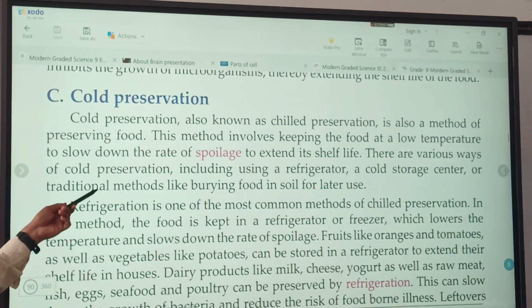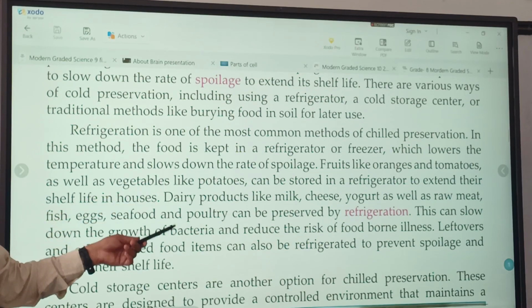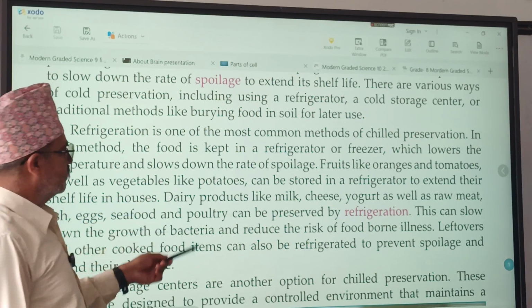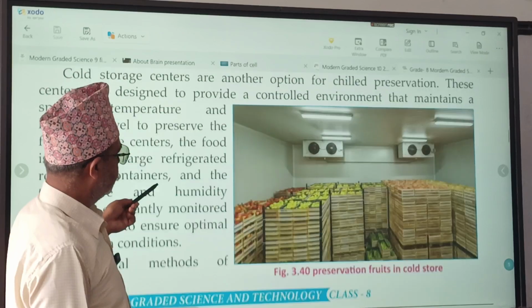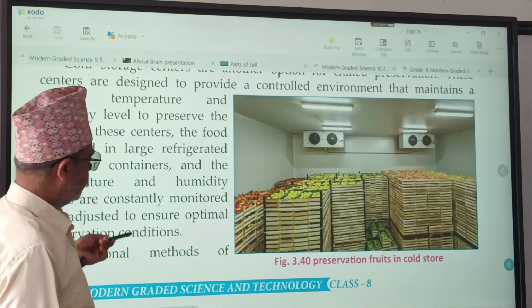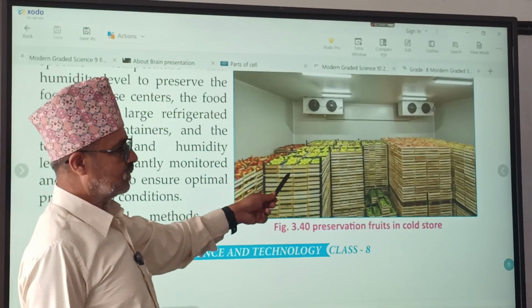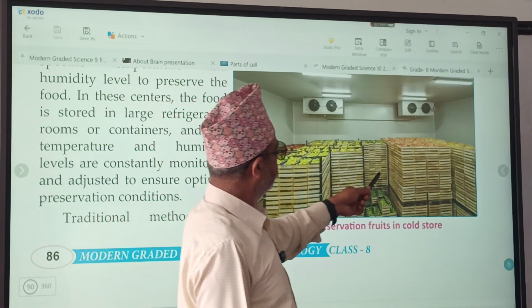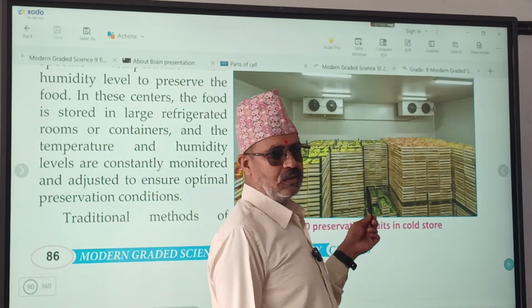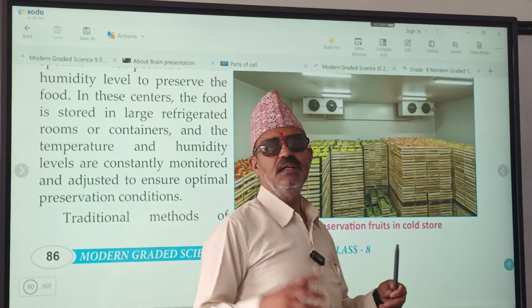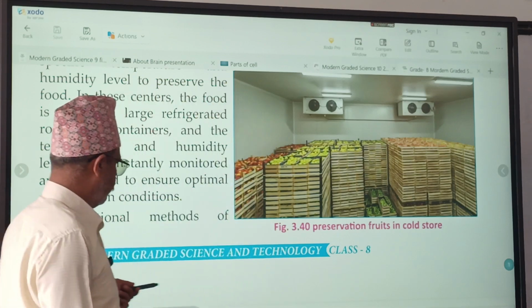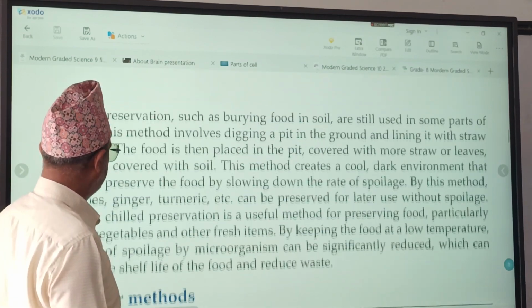And cold preservation, just dairy products: milk, cheese, yogurt. They just keep it. And fruits in cold storage. See, so many fruits are kept here. So this whole place is very cool. The temperature is very low.